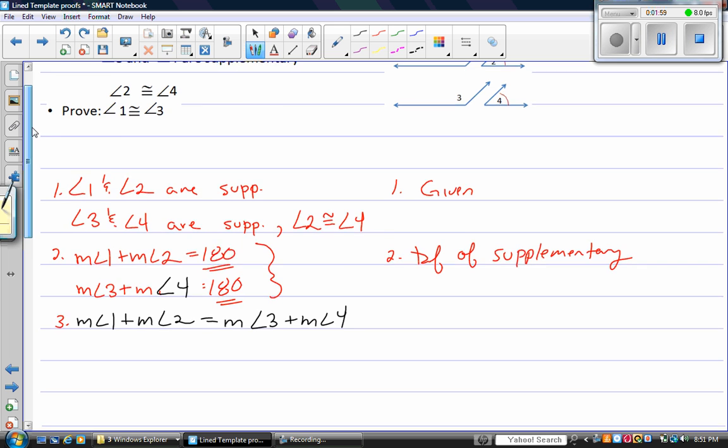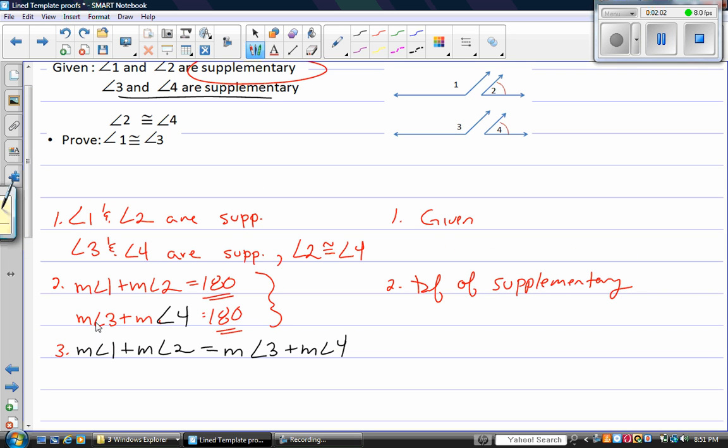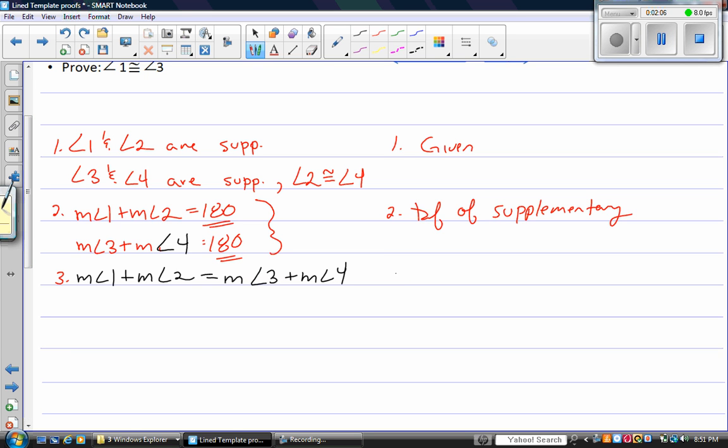It said angle 3 and angle 4 supplementary, so I should have had angle 3 plus angle 4. And that's just going to be either the transitive property or the substitution property. In other videos I explain, if that's statement A, that's a generic statement B, so that's B as well, and this would be generic statement C. The transitive property says if A is equal to B, but B is equal to C, then I can make the argument that A is equal to C, and that's what we've done here. A equals C.